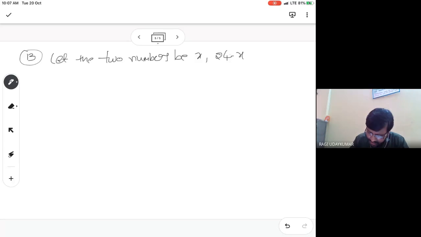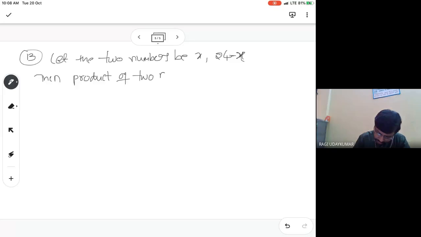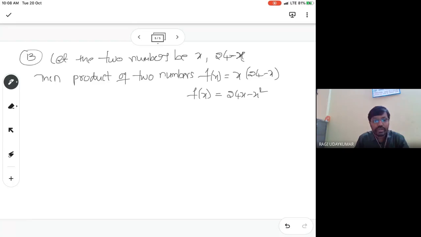Then consider the product function: f of x is equal to x into 24 minus x. So consider f of x is equal to 24x minus x square. Isn't it?